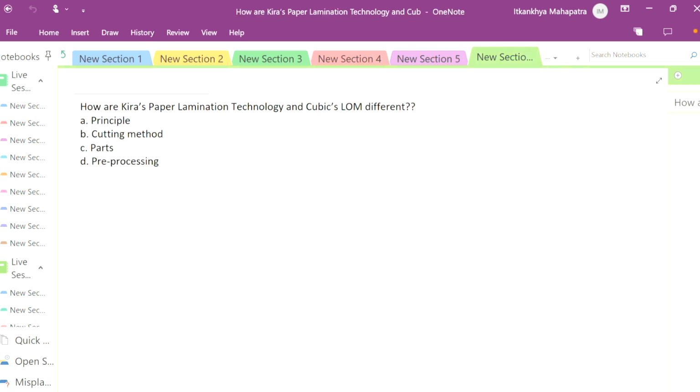Okay, so the next question. How are Kira's paper lamination technology and cubic LOM different? Here the cutting method in Kira's paper lamination technology is knife, and this one is CO2 laser. This is the major difference. The parts here are smaller and more accurate than cubic LOM.